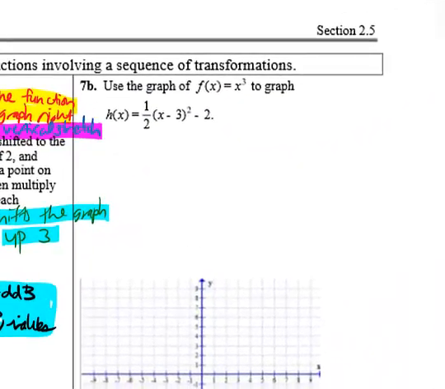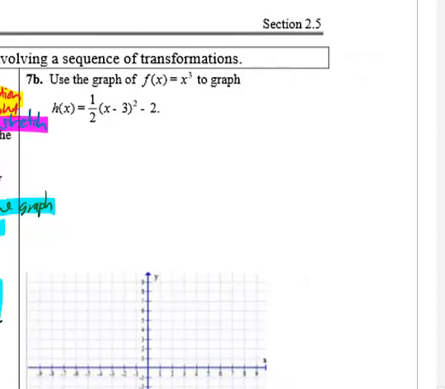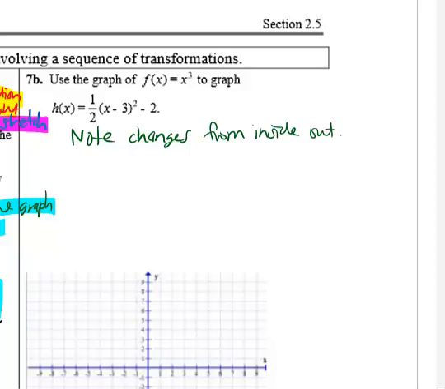Like I said, what you want to do is take note of what's going on here from the inside out. So I'm going to note changes to the x squared function from the inside out. Okay, what's closest to x right now? Looks like the -3. Since that -3 is inside the function, that's going to be some kind of horizontal change.